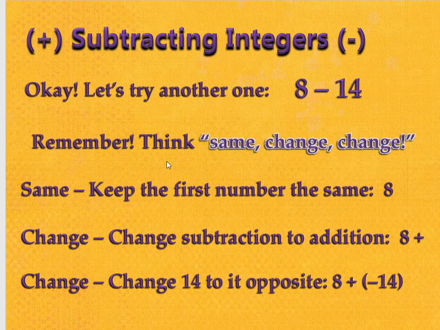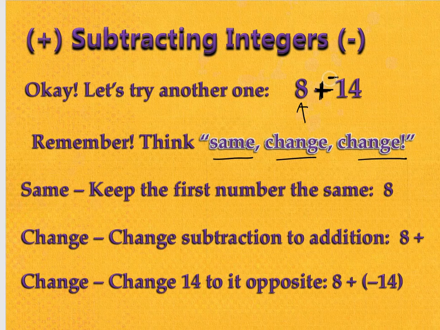Remember, you're going to think same and then change, change. Okay, so we keep the first number the same. So this 8 right here, it stays the same. We change the subtraction to addition. And then we are going to change the 14 to its opposite.